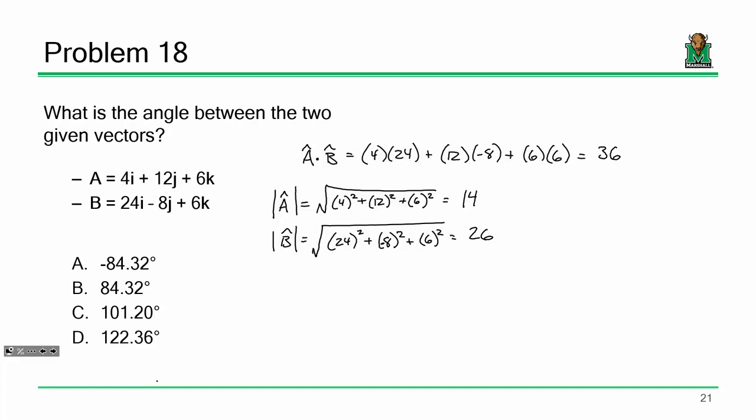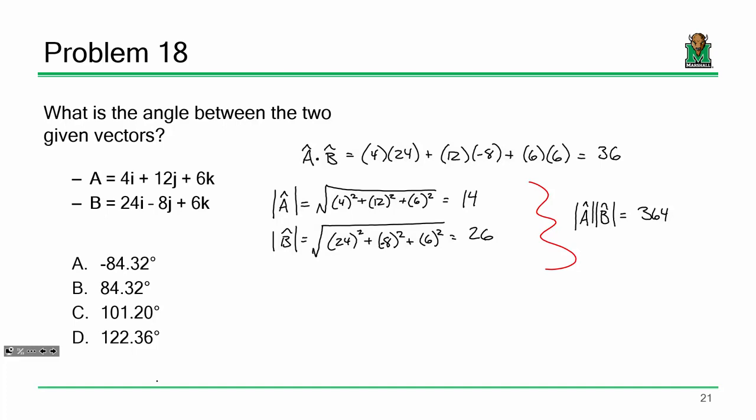So to keep this simple, the magnitude of A times the magnitude of B is 14 times 26, which is 364. Is that a fair statement?